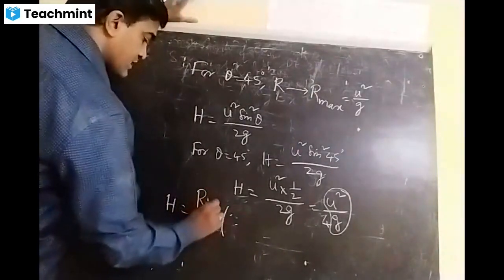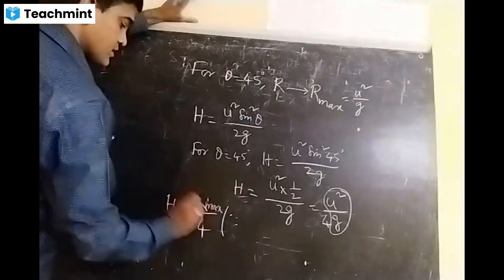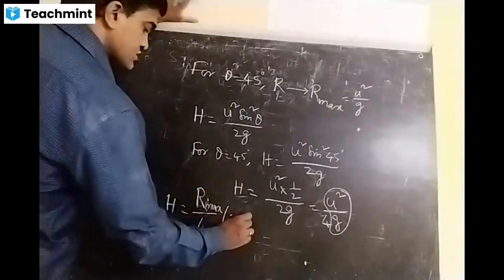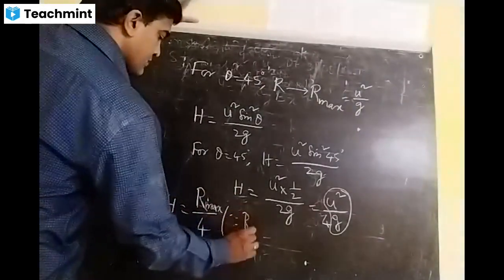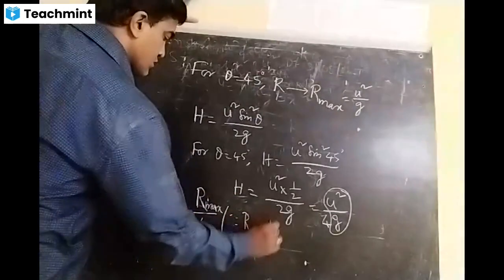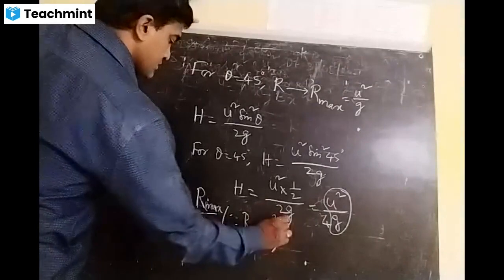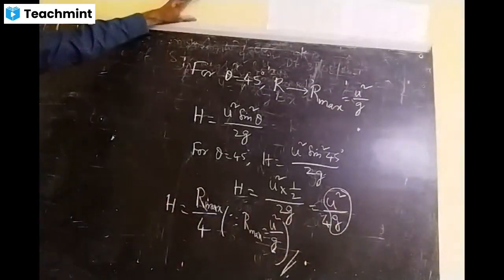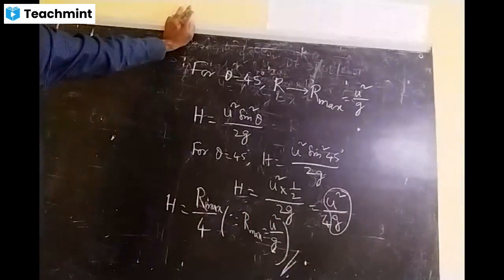I can say H is equal to R maximum by 4, since R maximum is equal to U square by g. This is the formula.